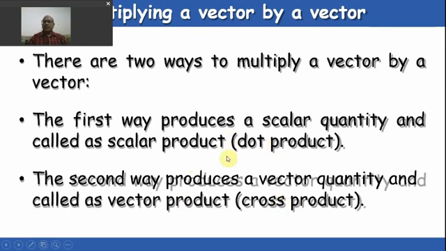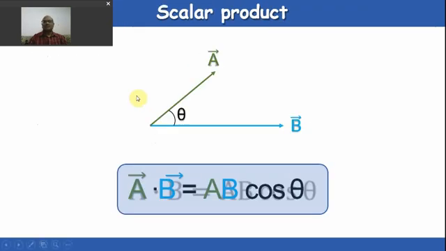So there are two results: in one we get the scalar product, the scalar result, and in the other we get the vector product, having direction as well as magnitude. The first one is known as the dot product and the other is known as the cross product.